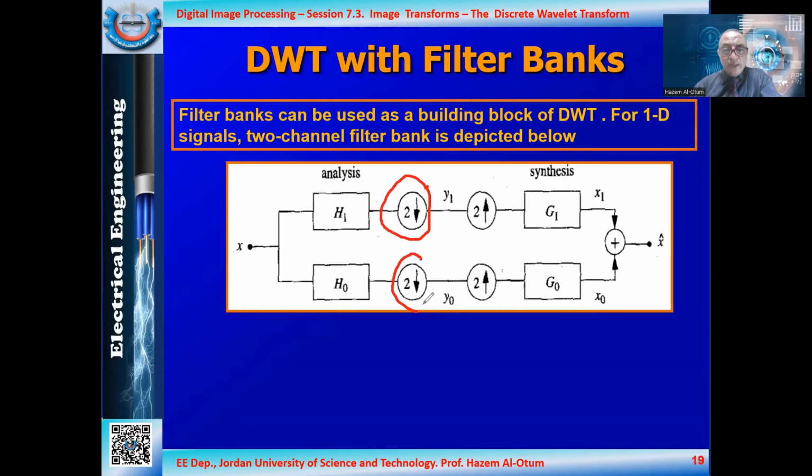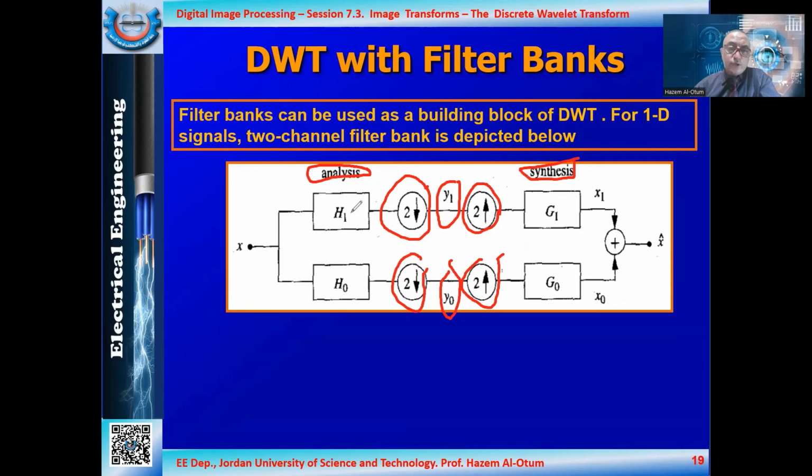Downsampling by a factor of 2 again. We get the intermediate output Y1 and Y0. Then we apply oversampling by a factor of 2. And the same thing here to get the opposite filters of these ones. Here we have the analysis filters, and here we have the synthesis filters.